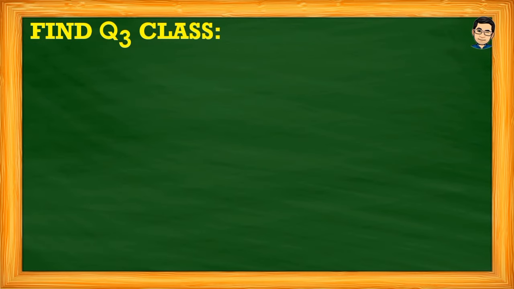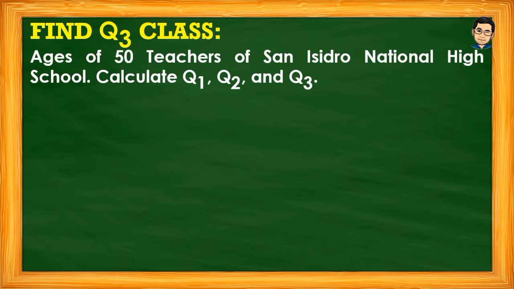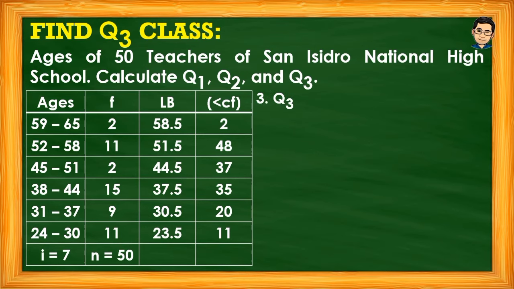So now, last naman natin is Q3 naman, Q sub 3 class. So we're looking for the value of the upper quartile. So ganun pa rin, Q sub k is equal to kn all over 4. Q sub 3 is equal to kn, so that is 3 times the value of n, 50, all over 4.